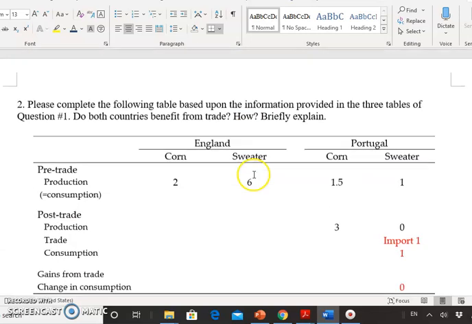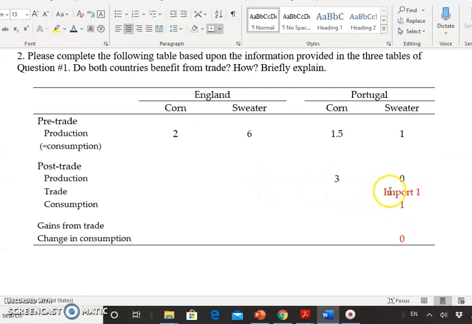All right. So for Portugal, when they import one sweater, they have to give up 1 corn, right? They export 1 corn to England, and in exchange they get 1 sweater back. Now the Portuguese produce 3 corn, but export 1, so they only have 2 to consume, right?